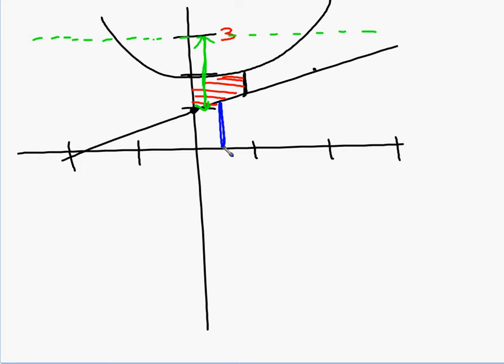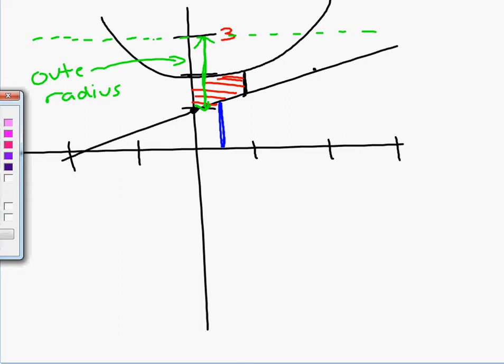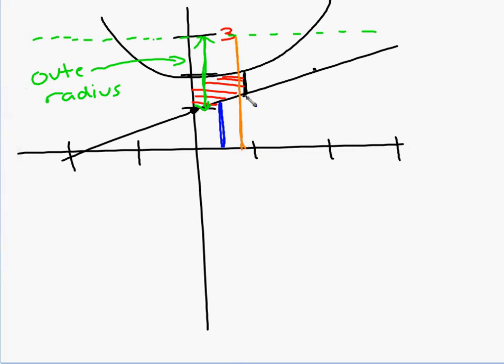If I wanted to get the outer radius, which is this right here, obviously the whole distance from here to here is 3.